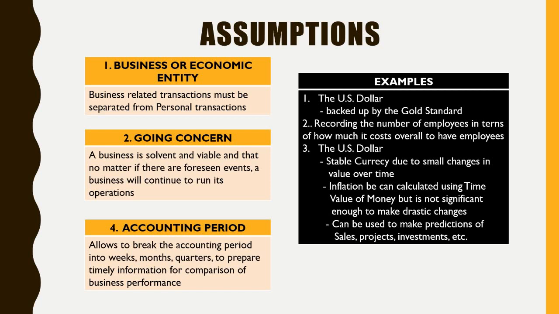It might change a few cents here and there, but in terms of time, it's still going to be $1 tomorrow. It's still going to be $1 in 10 years. It's still going to be $1 in 20 years. That's going to be considered a stable form of currency.